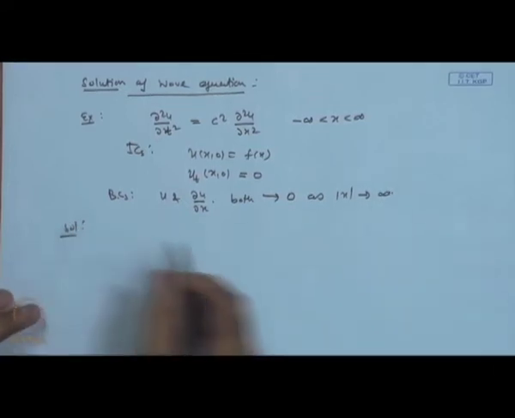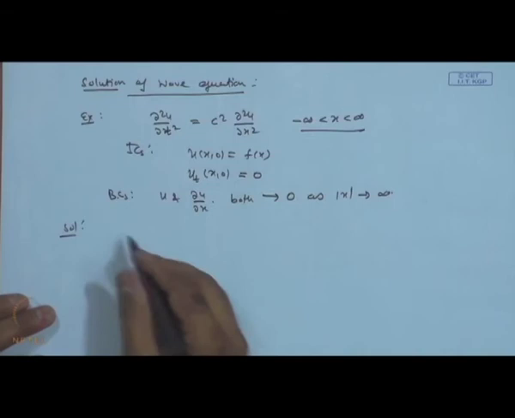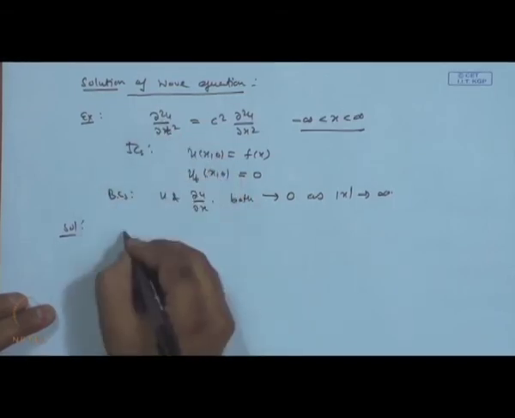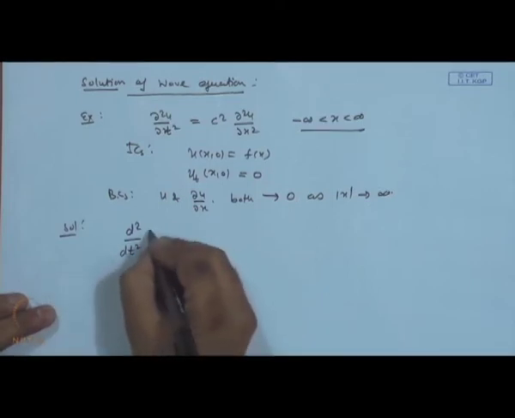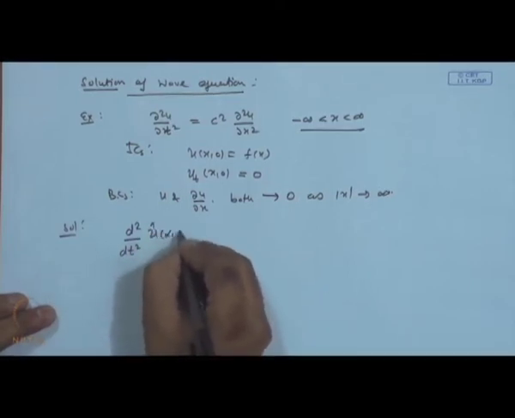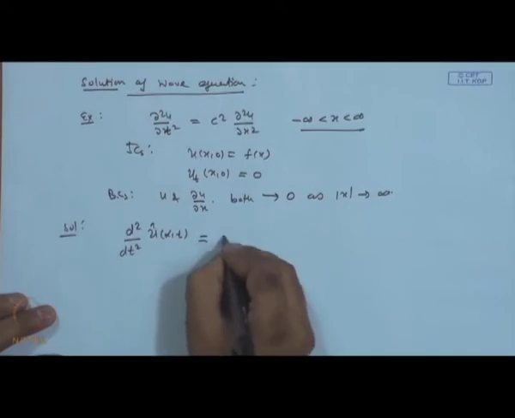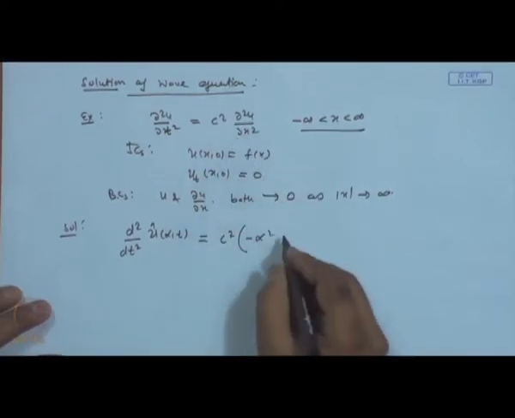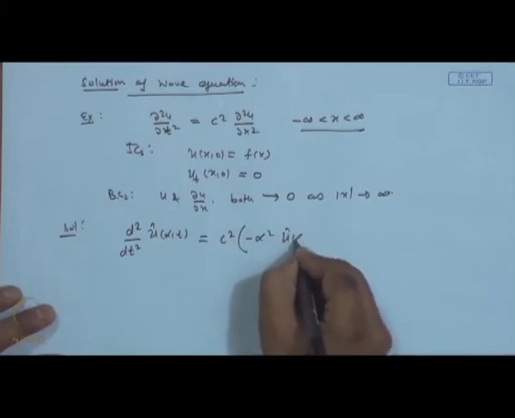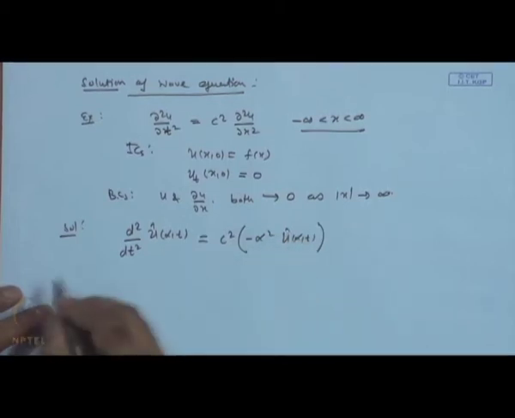We take the Fourier transform because this range is given from minus infinity to plus infinity. So we have d²/dt² of û(α, t), and for the c² term we have simply minus α² û(α, t).